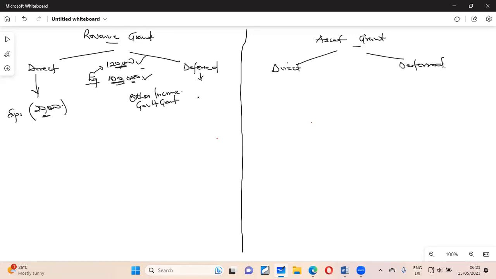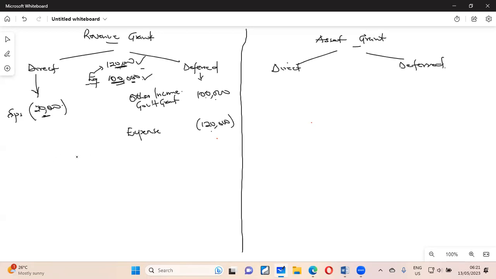Other income will be 100,000. Then in our expenses, let's also show that we actually spent 120,000. At the end of the day, it's still the same thing, technically, true or false? True. So those are the two schools of thought.